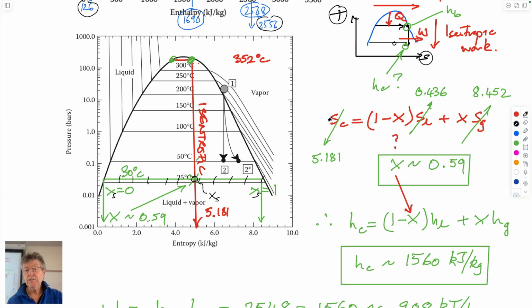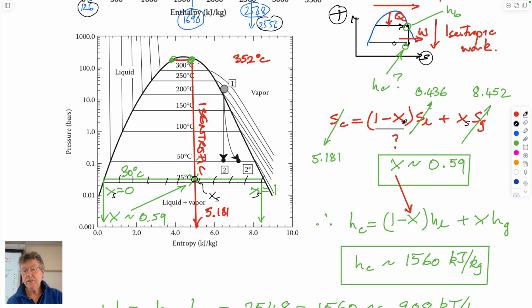Or we could use this expression, which we've also seen before, that says that the entropy at this particular temperature of 30 degrees centigrade is equal to the steam content times the entropy of steam, plus the liquid content, which is this term together.